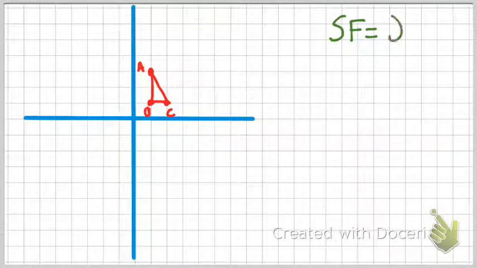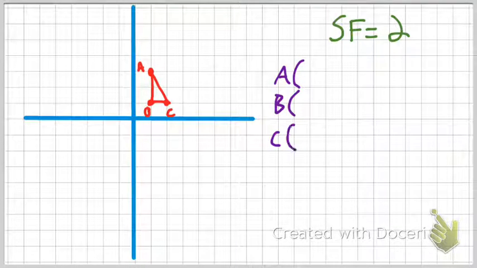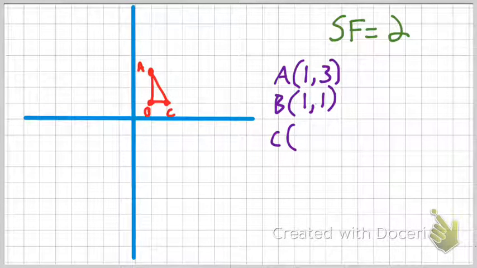Times 2. Scale factor is 2. So, what we would do here is we would take every point, A, B, and C, and let's look at their coordinates. A is at 1, 3. B is at 1, 1. And C is at 2, 1.